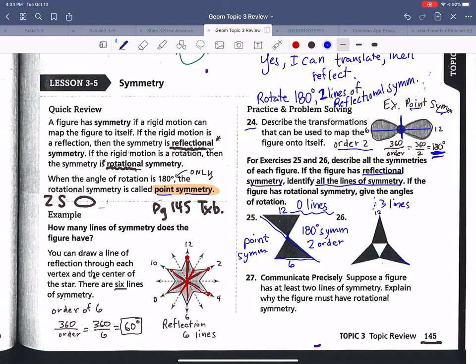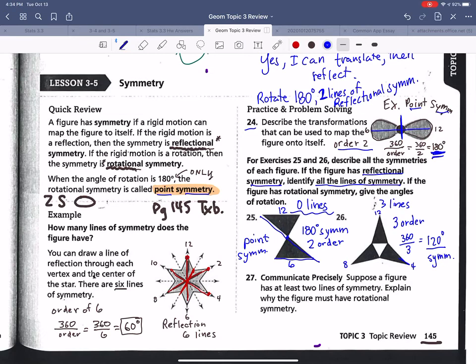So if this would be 12, and then maybe 4, and then maybe 8, it would map upon itself 3 times. So it has an order of 3. So I could do 360 divided by 3, and I get 120. So it has 120 degrees of symmetry. It will map upon itself.